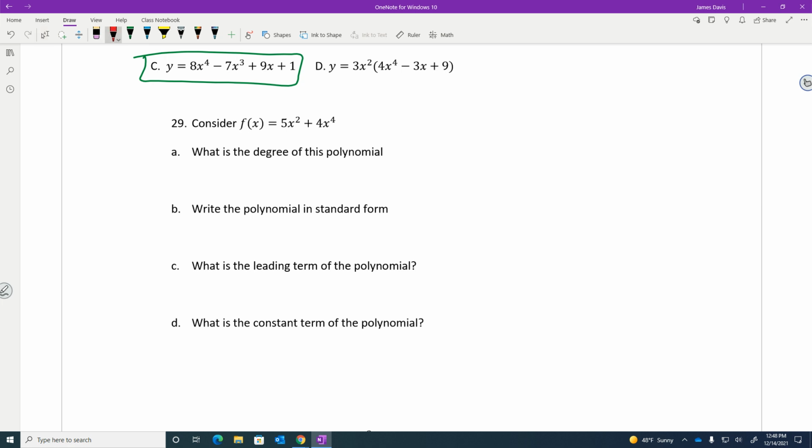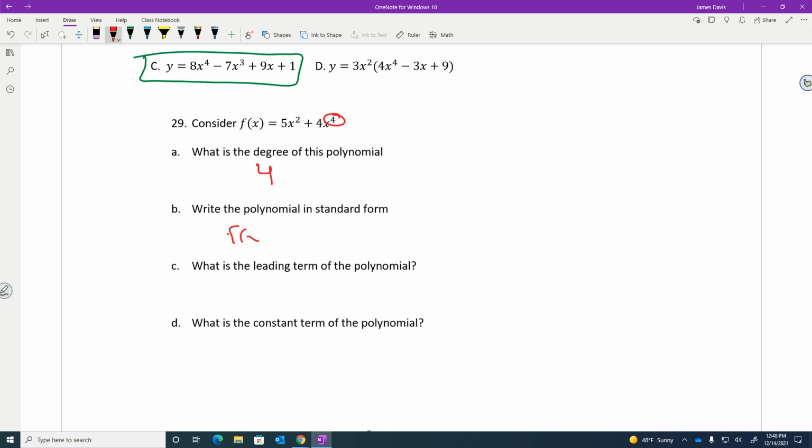The degree. What is the degree of this polynomial? 4, yeah. Degree is the highest power. If we're to write this in standard form, that just means basically put the highest power to lowest power.